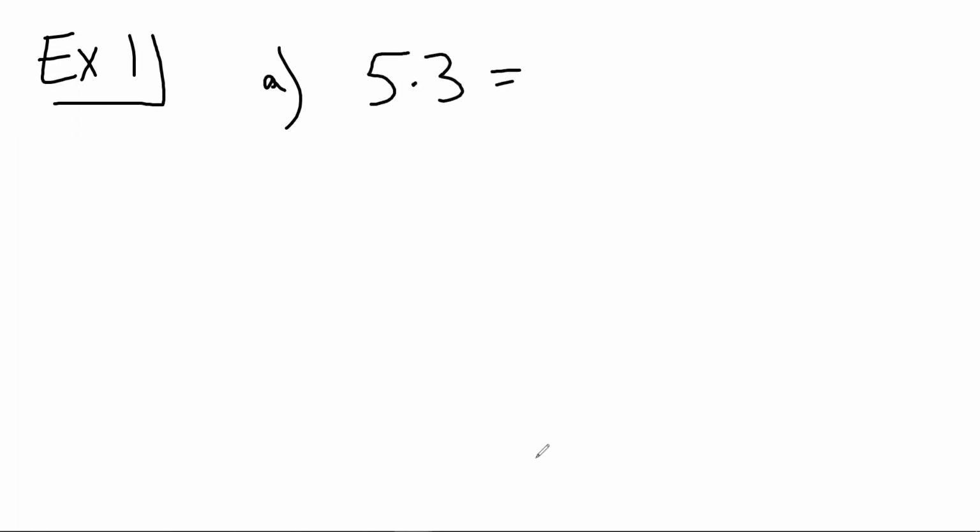If you're not all the way there yet, go ahead and leave yourself a little bit of space to write the rest of them. And we're going to start on example number 1. So we are going to name each property that they have there illustrated for us. So letter A, it's giving us 5 times 3 equals 3 times 5.